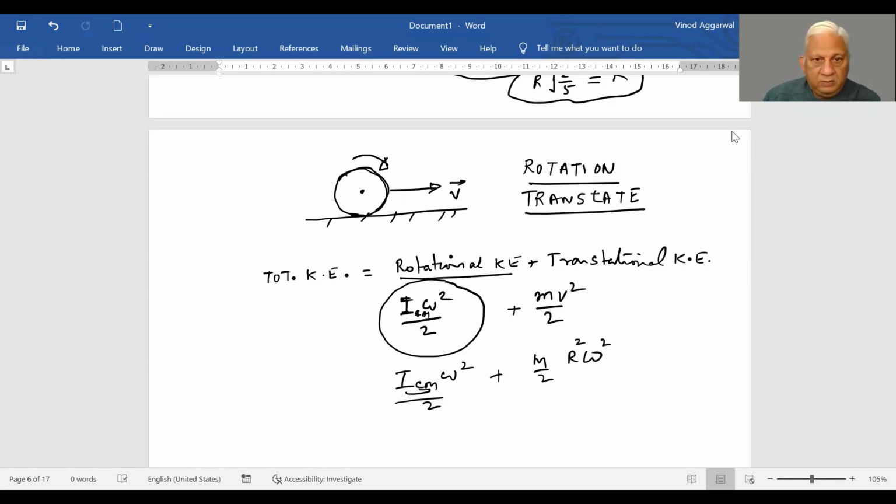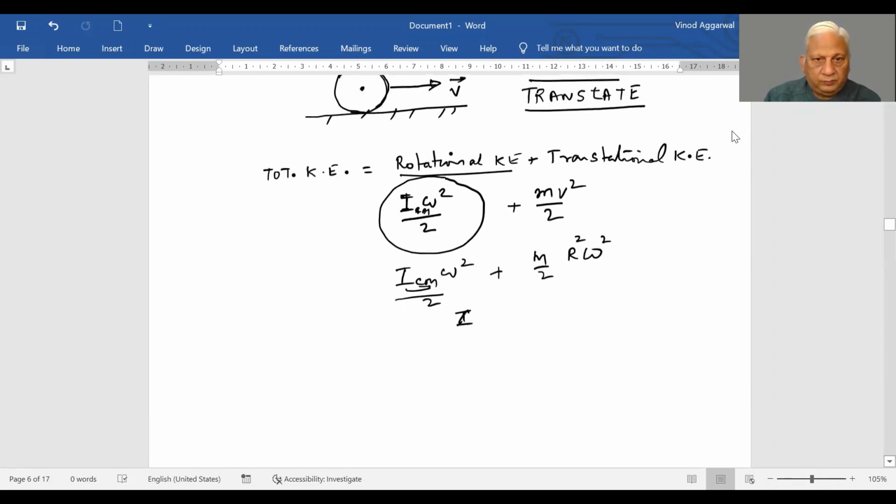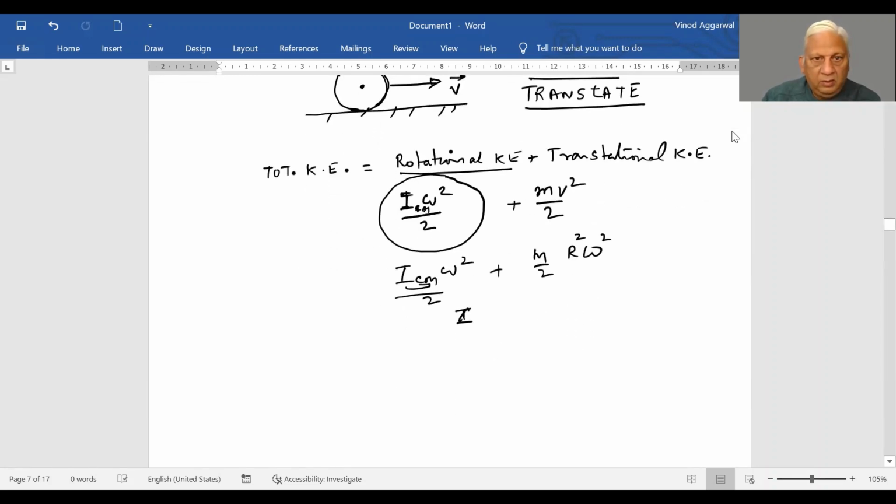So if we take half omega square common from both of them, what we are left with is this, and this is taken out.